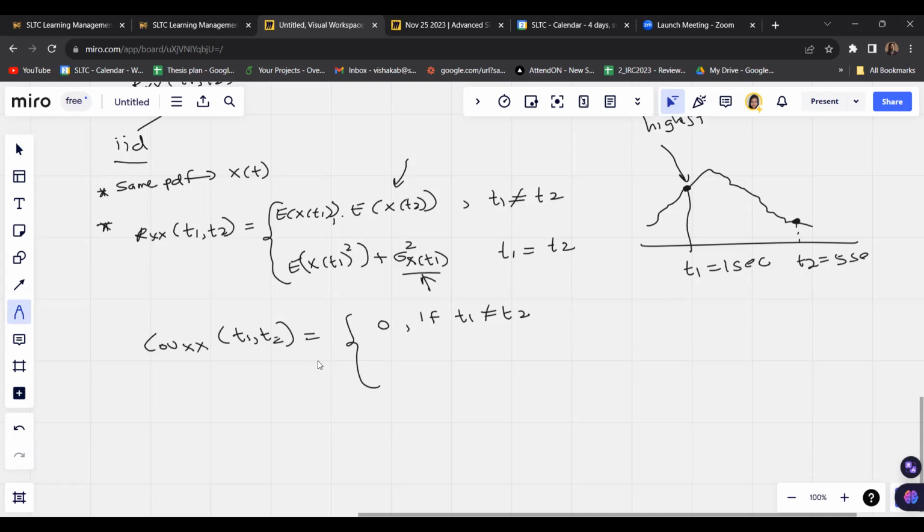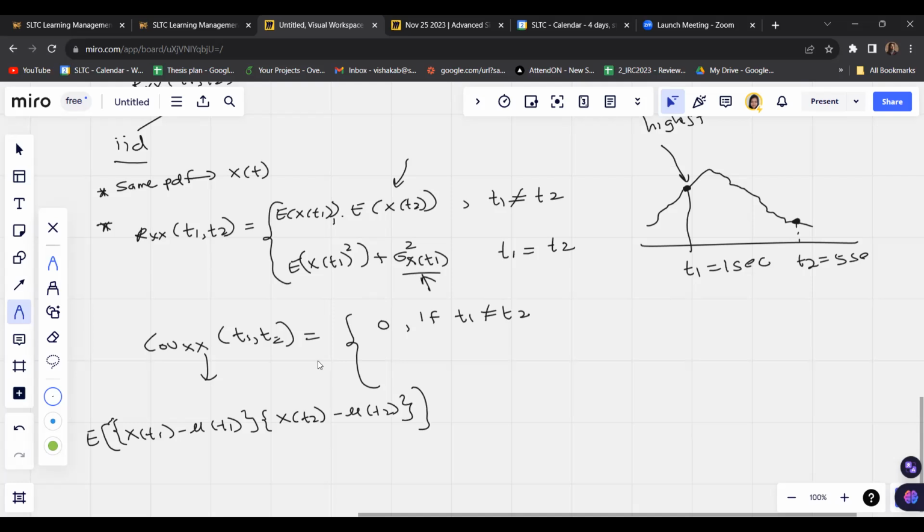The covariance function we can define as the expectation of xt1 minus mu t1 multiplied by xt2 minus mu t2.